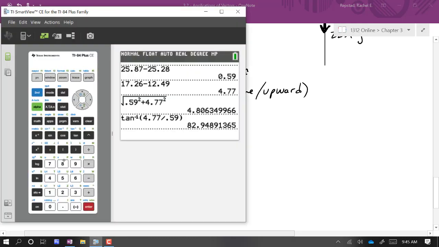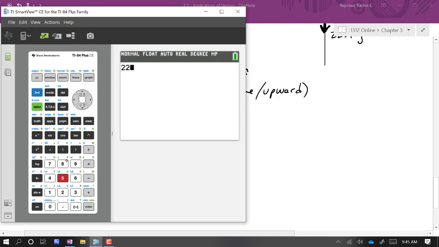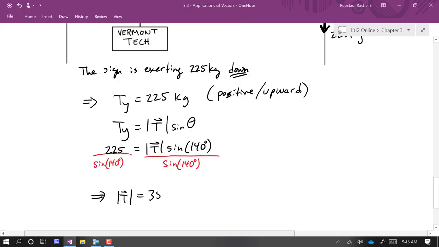So 225 divided by sine of 140 is 350.04 kilograms. And so this tension in the cable is 350.04 kilograms at an angle of 140 degrees.